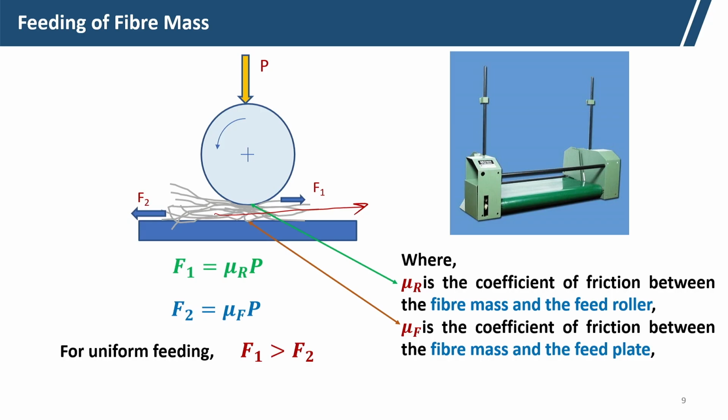For uniform feeding, the sliding should take place at the bottom surface of the fibers, that is, against the feed plate. That is why, to reduce this mu f, we use a very smooth plate. F2 has to be reduced, and to reduce it we need a very smooth feed plate, that is, a lower mu f.